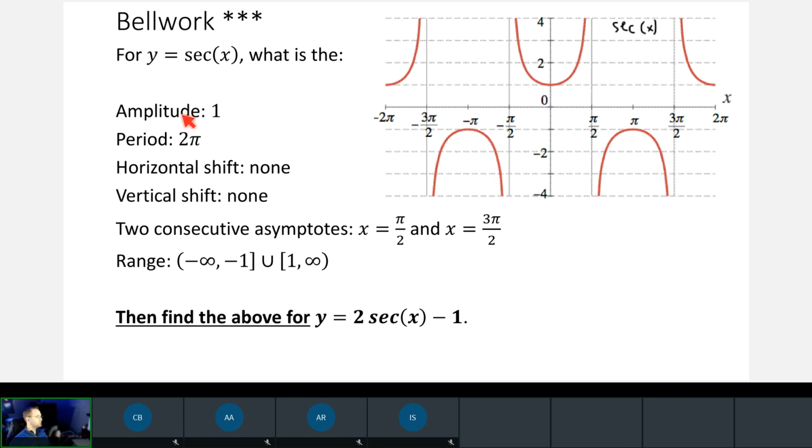So the amplitude for the secant determines how wide that gap is, and you can see that from the graph. I really hope all of you in chat have already graphed this to see that. And if you're watching the recording, you're doing this also.